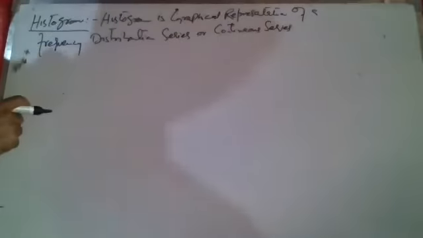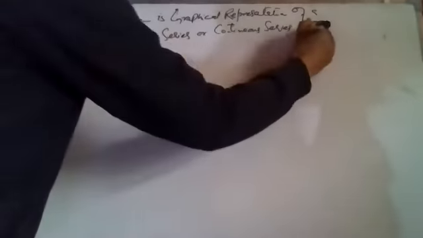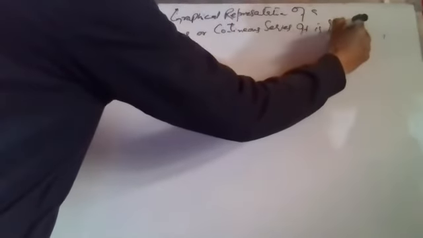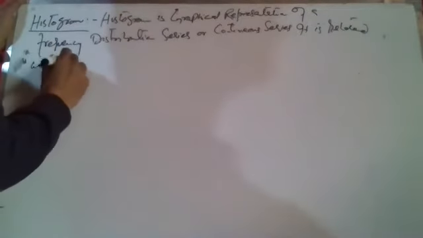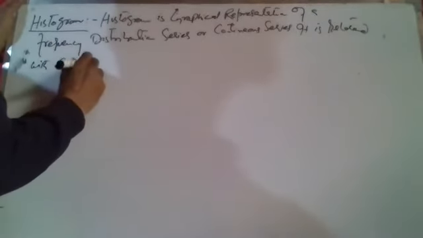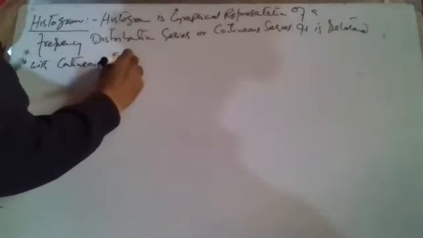When we give a graphical representation to a continuous series or frequency distribution series, it is related with continuous series. Thus, histogram is related with continuous series. Are you writing it?